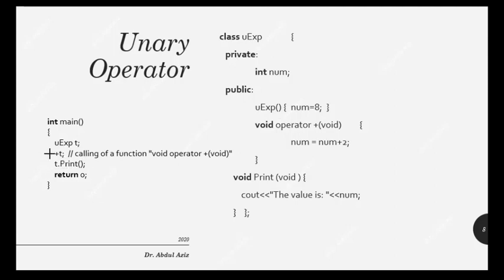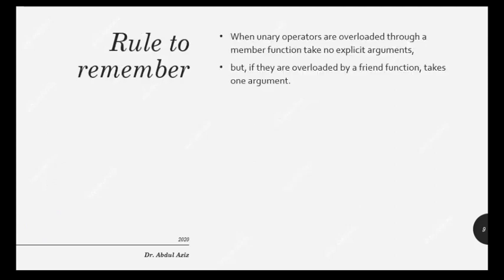When we call plus t, you can see that no dot operator is used and t is explicitly passed to this operator, whereas in the second line, t dot print, we have used the dot operator because print is a function and it is called using a dot operator. So this is basically the difference between calling a function and an operator. Okay, so this would be your output, that would be 10.